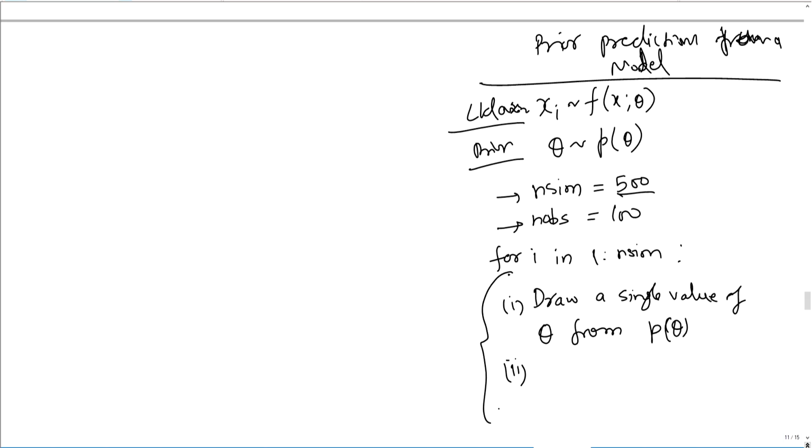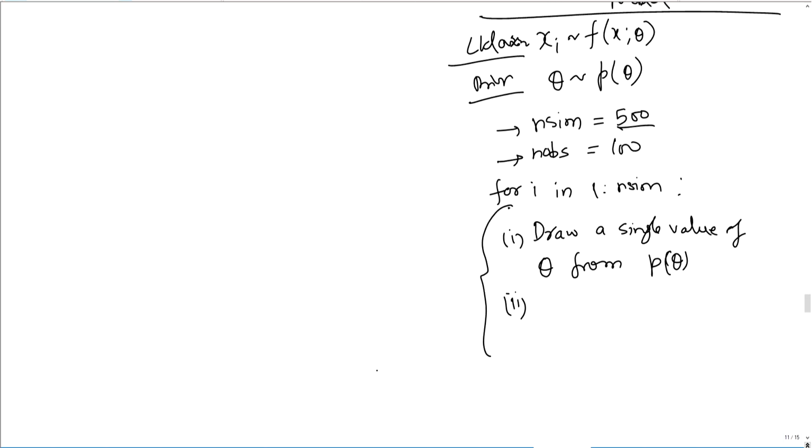So, we are going to do these things inside this loop. What is the second thing you will do? Now, you have a value of theta. Corresponding to that value of theta, you can generate a prior predictive sample. So, I will generate x sim i, the ith prior predictive sample, and how do I generate it? I just need to draw this from f of x theta, right.